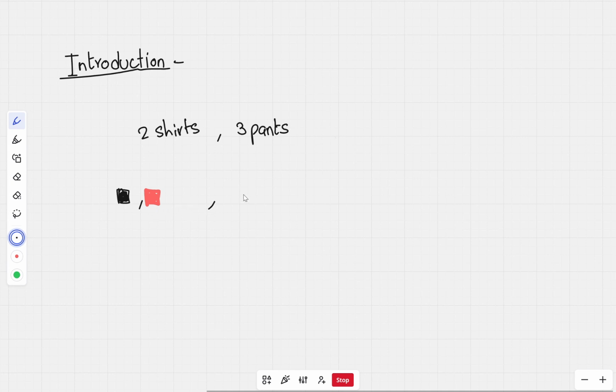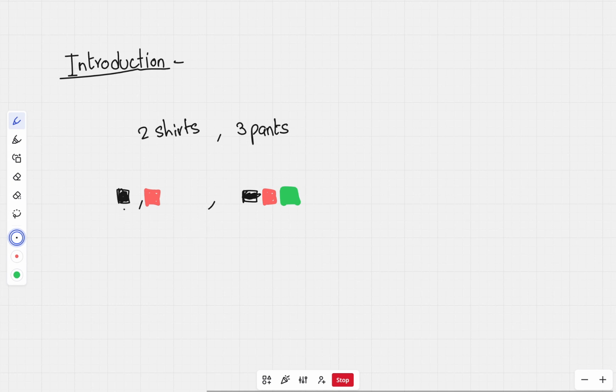For pants, there's a black pant, a red pant and a green pant. Yeah, it's a very weird combination of pants, but let's just take this for example. Now how many outfits can I make without repeating?